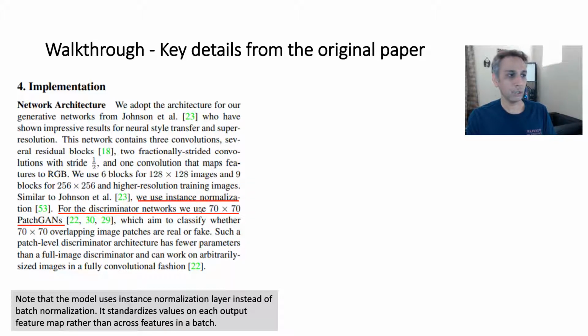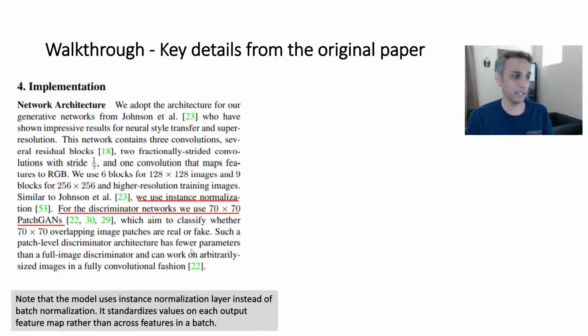And for the discriminator, they use exactly the 70 by 70 PatchGANs. Again, watch my two videos before this one, where I clearly explained what a PatchGAN is and what we mean by 70 by 70 PatchGAN. This discriminator is identical to the one that we used as part of our pix-to-pix GAN, except instead of batch normalization, they're using instance normalization.